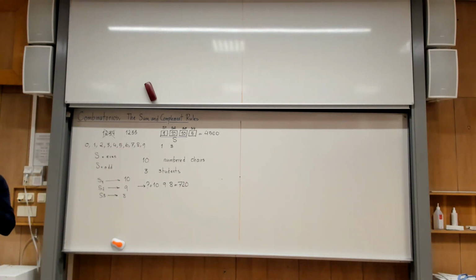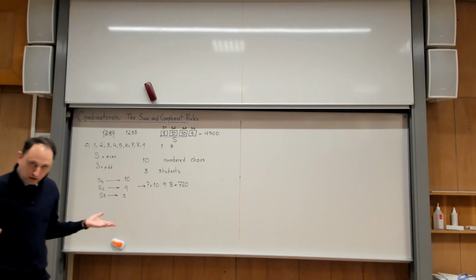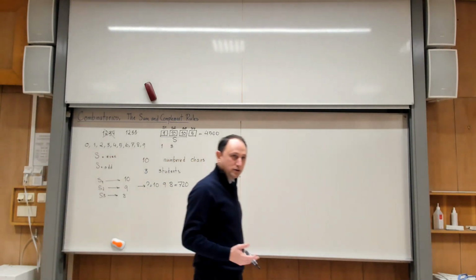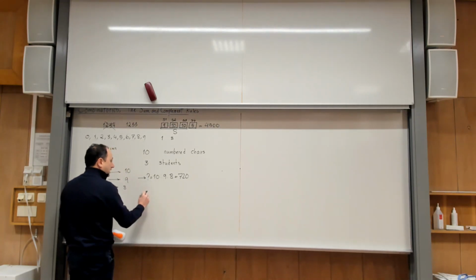But let me change the scenario a little bit. This is from my experience, where people get a little bit of trouble. Let me change the number of chairs to be 3 and the number of students 10. Of course, it is clear that there are not enough seats for all students, but let me just do it like that. I have 10 students.